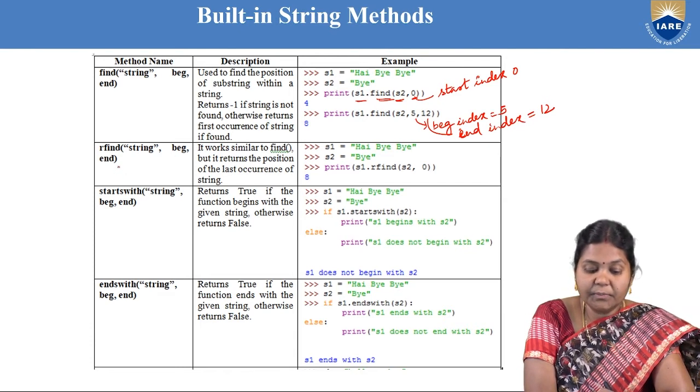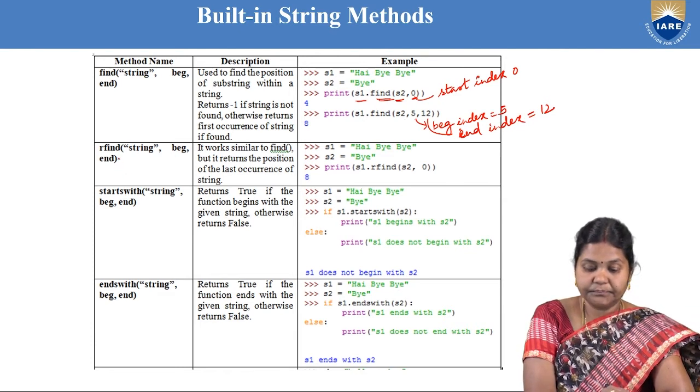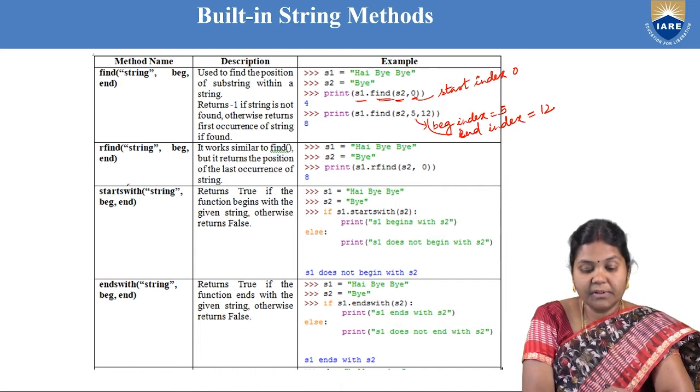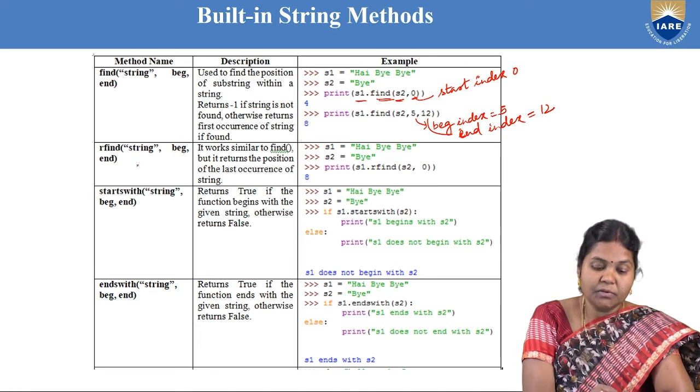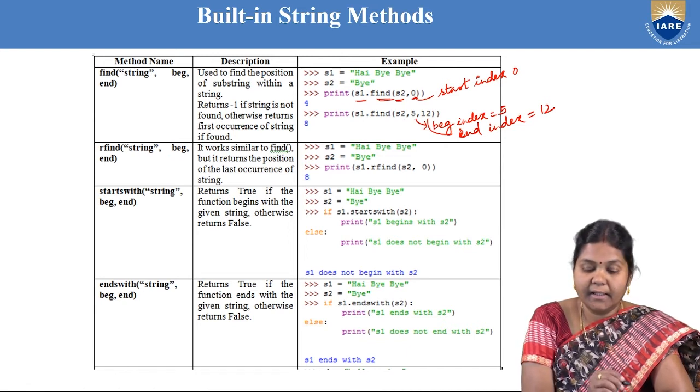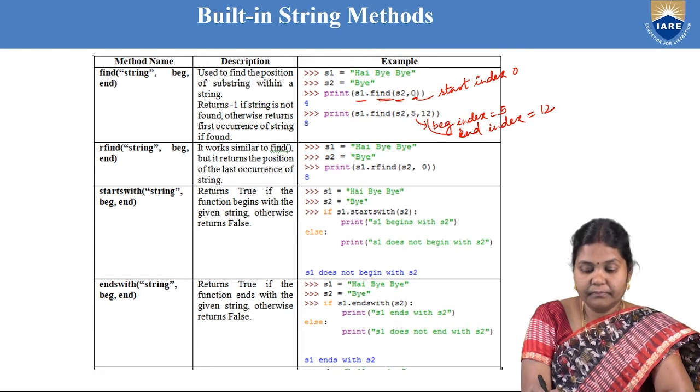Now, similarly, there is another method called rfind. This is similar to the find method, but it will give you the last occurrence of the string. It will return the position of the last occurrence of the string. The arguments are the same. You can provide a substring, the beginning index and the ending index. Let us see one example.